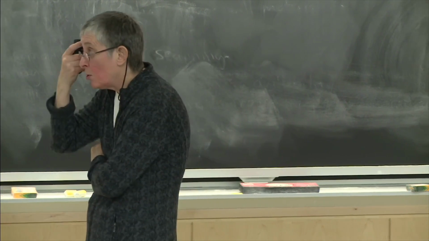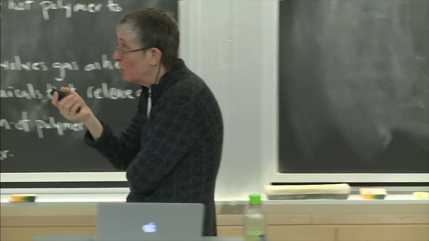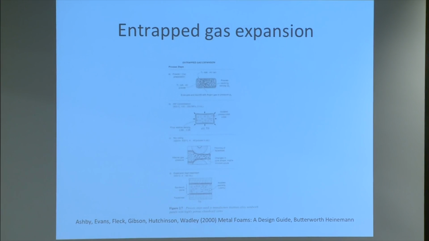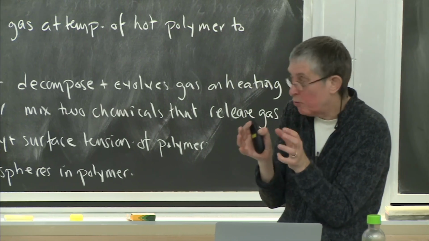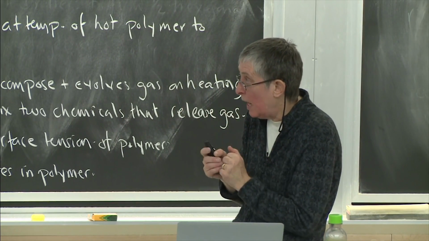Another method is something called entrapped gas expansion. And here what you do is you take a can, like a metal can. This one's titanium, a titanium alloy. And then you put a titanium powder in here. You evacuate the can. So the can has a little valve on it so you can evacuate it. And then you backfill it with argon gas, and you pressurize the argon gas. So you've got a powder with sort of pressurized gas inside of a can.